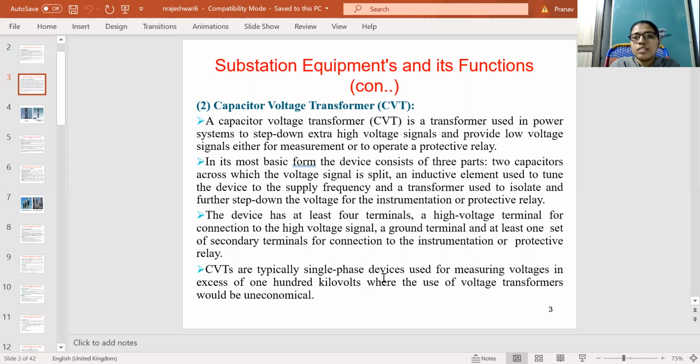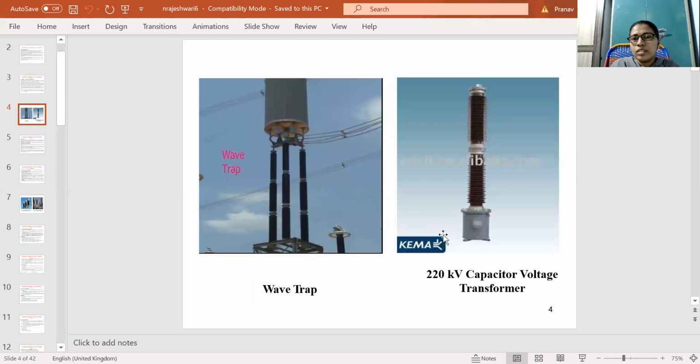This is all about the capacitor voltage transformer. This is shown in the figure below: a 220 kV capacitor voltage transformer, and this is the wave trap used in substations.